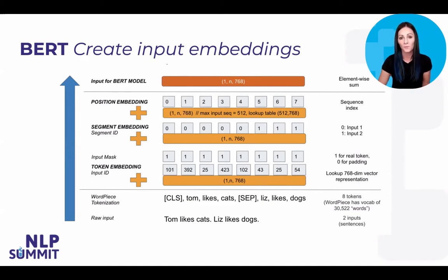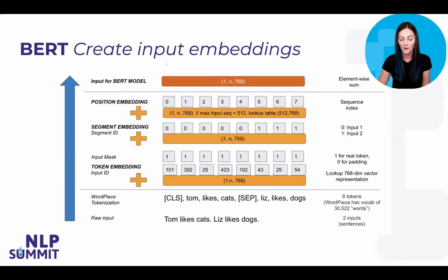And in this case, BERT uses a library called WordPiece to tokenize. And it's also introducing some special tokens, CLS for classification, and the separator token SEP to mark the separation between sentences here. Then with those tokens, we actually create token embeddings.